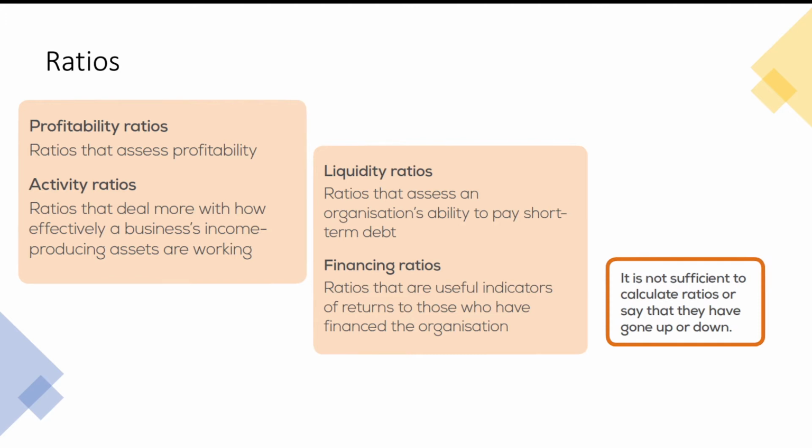Now, the most important thing is it is not sufficient to calculate ratios or say that they have gone up or down. This is a very important point as per the exam scenario. If you just state that this ratio has gone up or down, that is just restating the facts that might be given there. What you have to do is explain the underlying meaning of that increase and decrease.